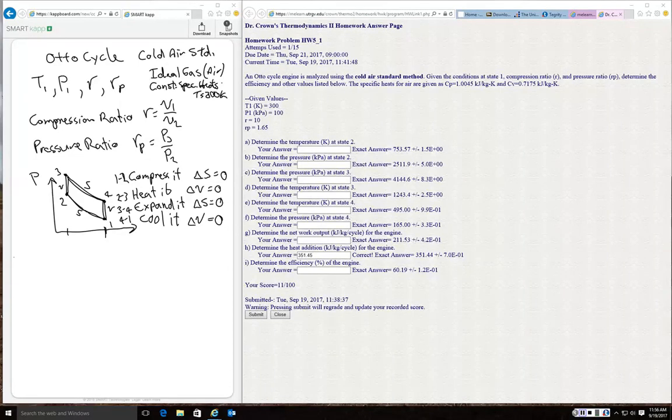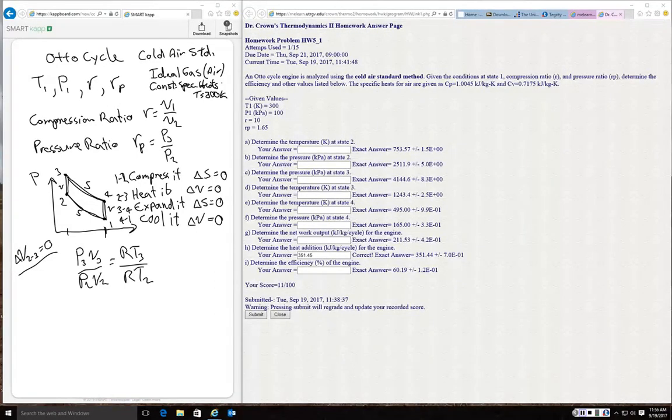From 2-3, the change in volume equals 0, so it's a constant volume process. Now I'm going to write this ideal gas equation again: P3 V3 equals R T3 divided by P2 V2 equals R T2. Even if I think I don't need it, I'm going to write this down because I know I'll always use it. The R's cancel, so that becomes 1.